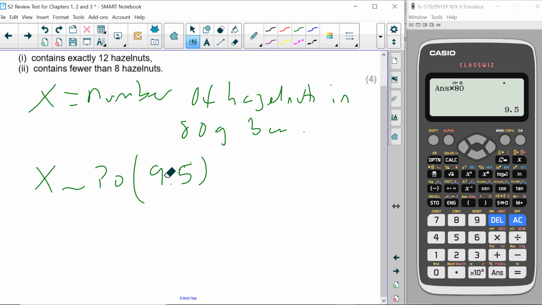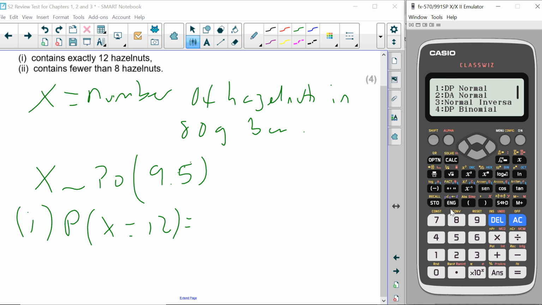That means for this part, they want us to find the probability that X contains exactly 12. So X is equal to 12. Well, I go to my calculator, I get menu 7 up, and I'm looking at this case as a Poisson DP because it's an equal.